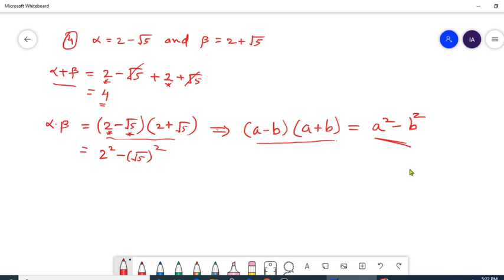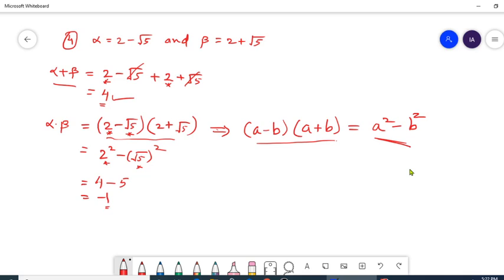Now a square will give you 4, minus root 5 square will become 5. 4 minus 5, that is minus 1. So now we have alpha into beta is minus 1, alpha plus beta is 4.